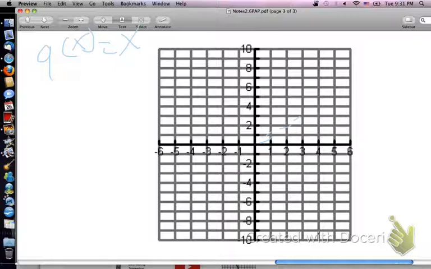I'm doing it dashed to indicate that it's not actually part of my graph. And then we also have vertical asymptotes at x equal to 3 and x equal to minus 3.